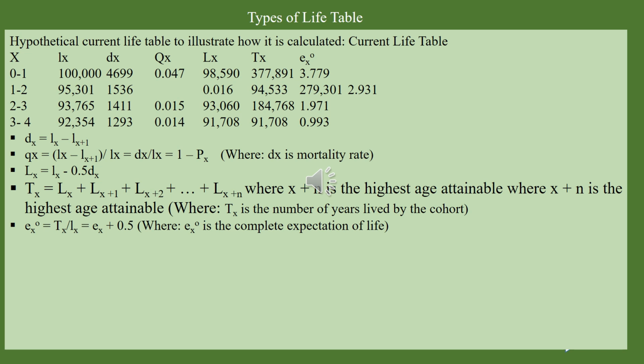So we use 0.5 here. So Lx is equal to l with the small letter x, which is the initial population of the animal, 100,000, minus 0.5 times dx.